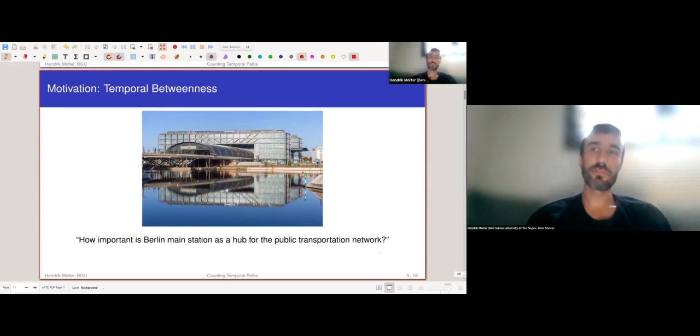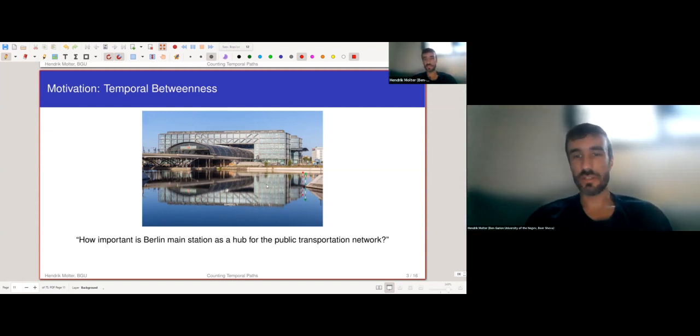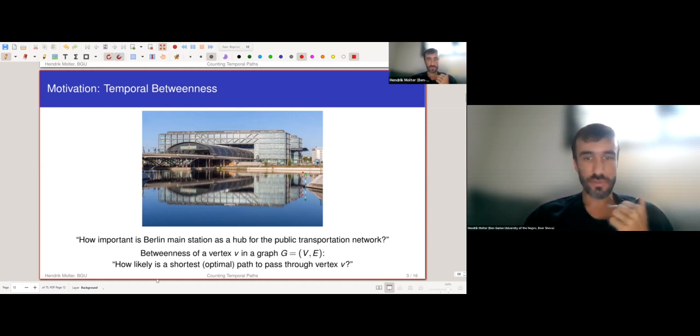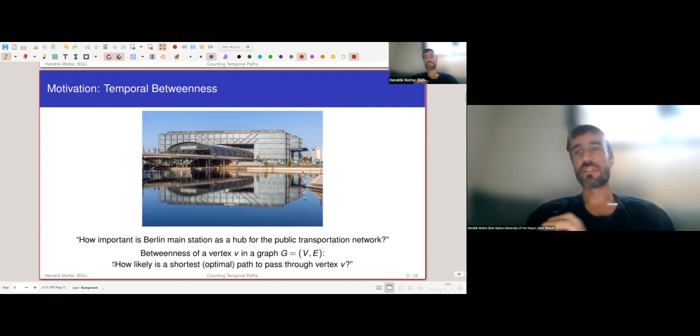So in transportation networks, we may assume that most people try to arrive at their destinations as quickly as possible, and then you might want to ask a question like, how important is the Berlin main station for the German public transport network? Or more generally, if you have a vertex in a graph, then betweenness roughly quantifies how likely it is that a random shortest, or optimal path in general, passes through that vertex.